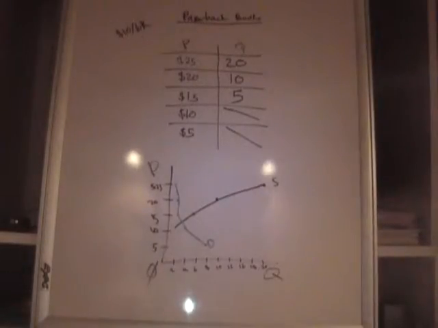Now, we can see that there is a point of intersection here, and that point of intersection is very important. That is the equilibrium price and quantity.